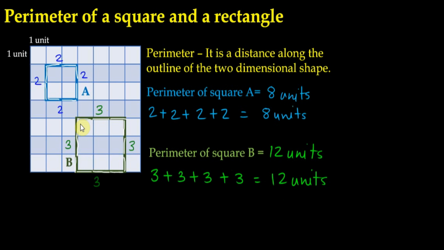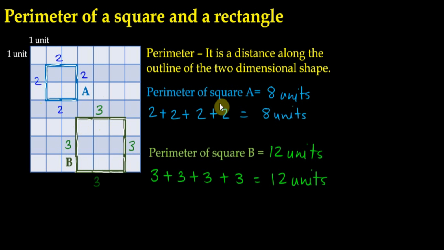So basically, if we add up the lengths of all the sides of any two-dimensional shape, so that shape could be square, rectangle or a triangle, we get the perimeter of that shape. Now notice while finding the perimeter of these squares, we added the lengths of all the sides of these squares.